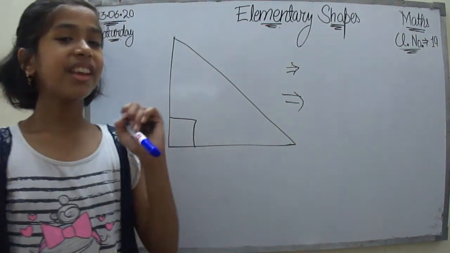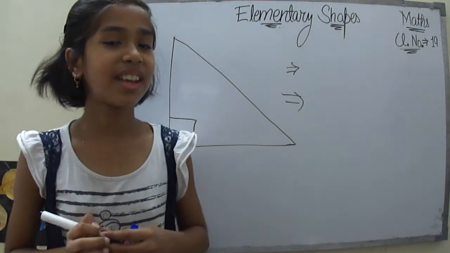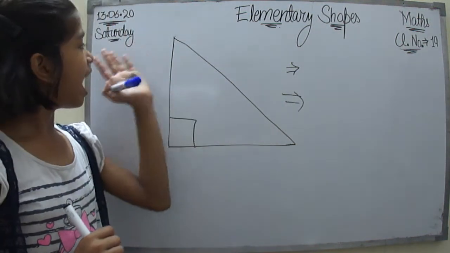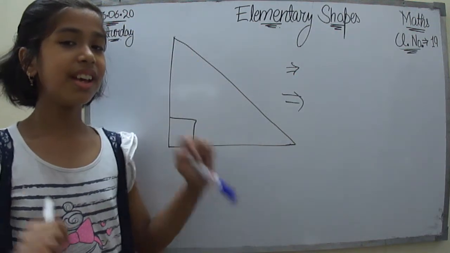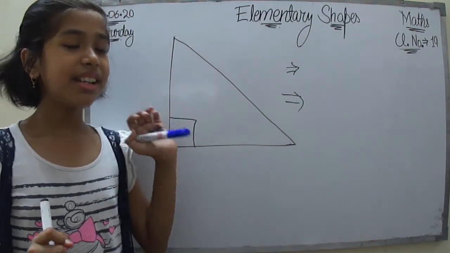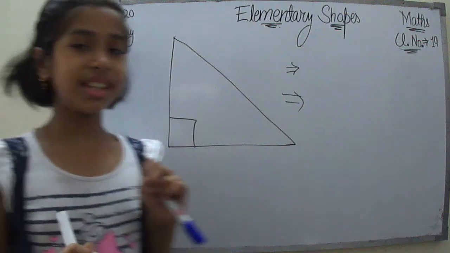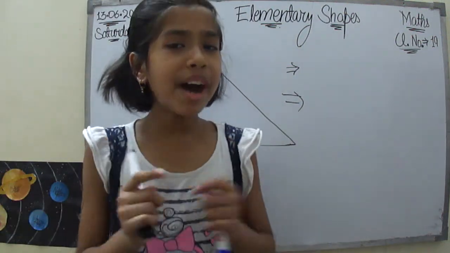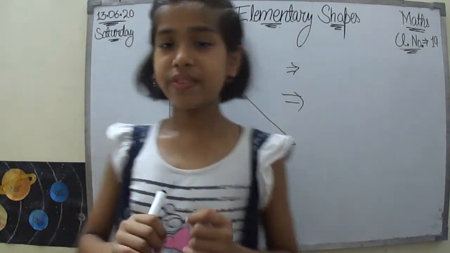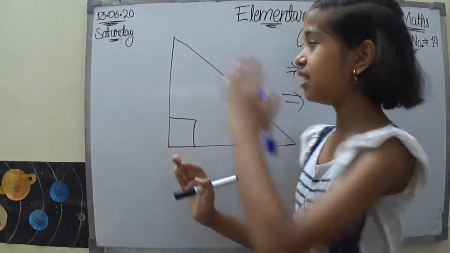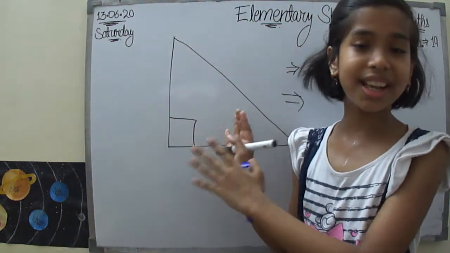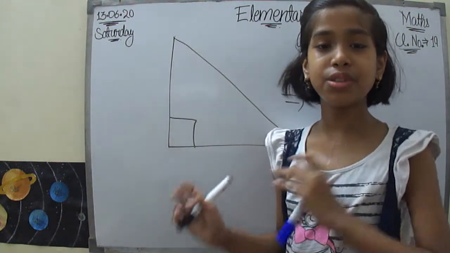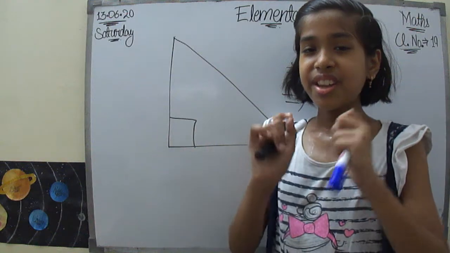Let's see. Firstly, as we had learned, if one angle is 90 degrees, another could not be 90 degrees. The triangle has three angles, one of them is 90 degrees, and we have to find the other two.